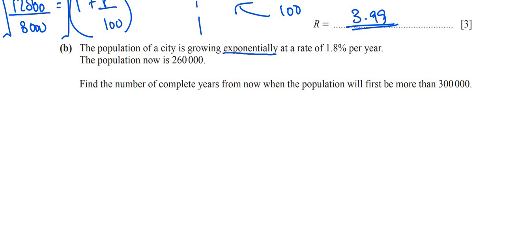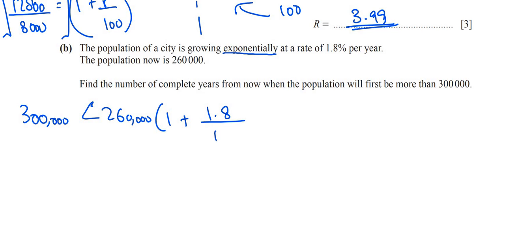Find the number of complete years from now when the population will first be more than 300,000. So basically they are saying that once you multiply 260,000 by 1 plus 1.8 upon 100, how much time does it take for this whole figure to be greater than 300,000.